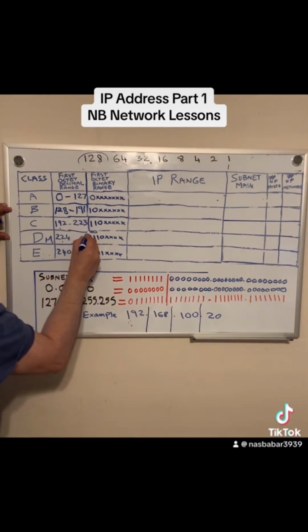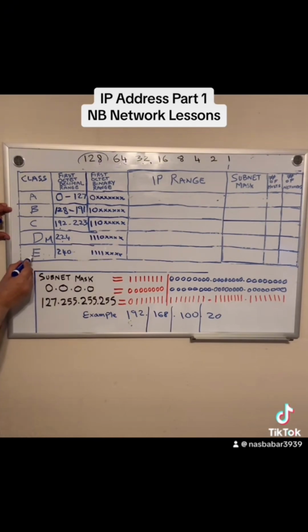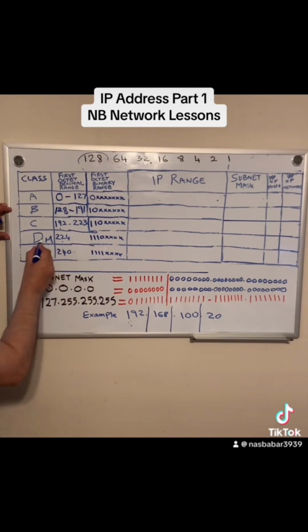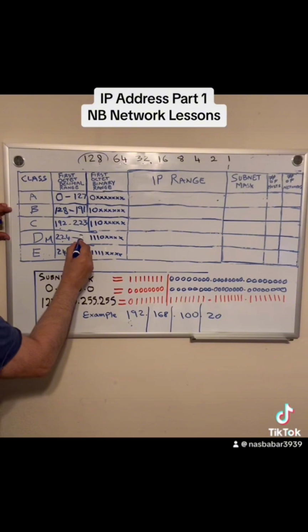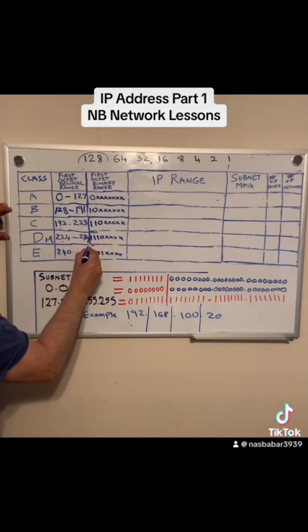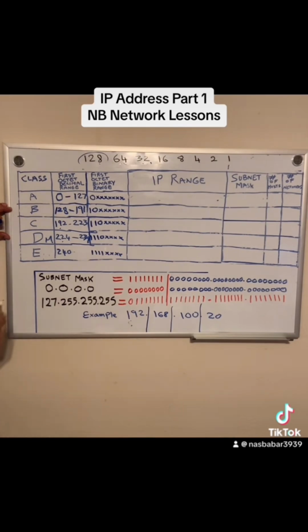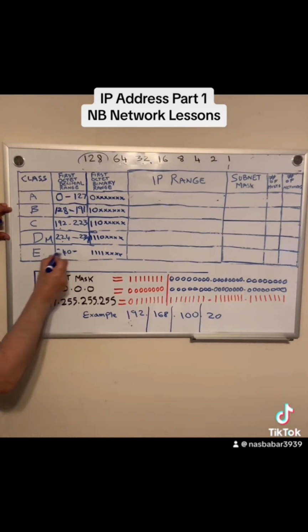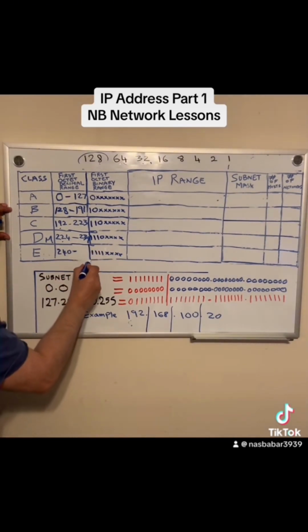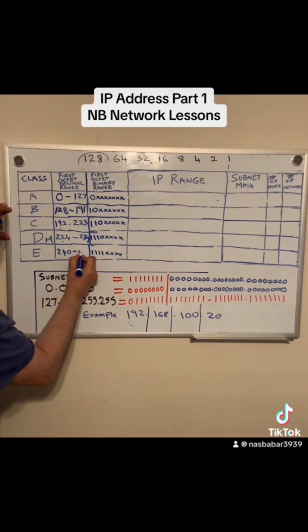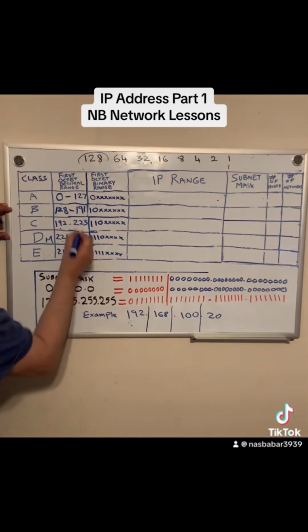Makes sense, right? Class E starts with 240, so Class D has to end with 239. So guess what? Class E would end with 255, all ones.